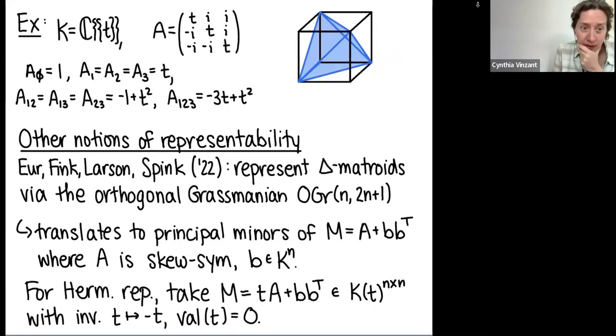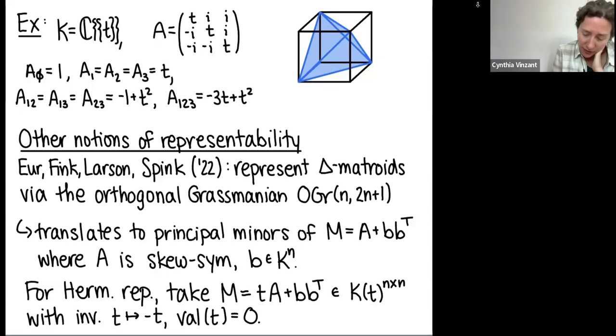Okay. I'll try and finish up, but just for a small example, if we were to work over the complex Puiseux series and look at the following Hermitian matrix, where I is really I, so I squared equals -1. This matrix is Hermitian.